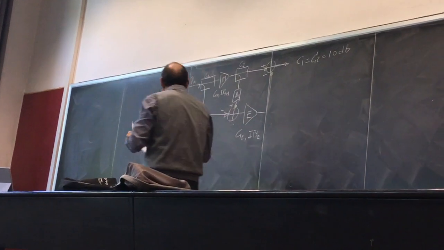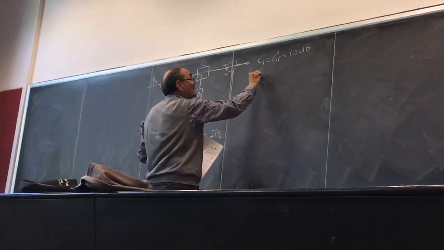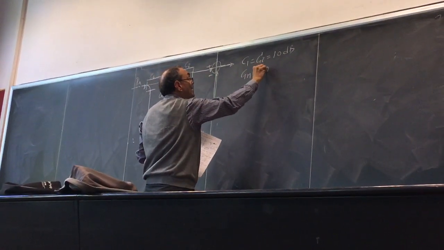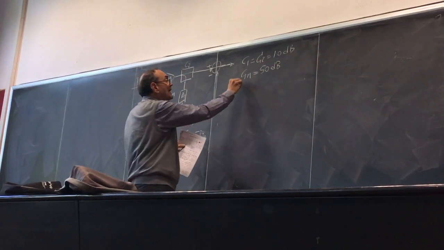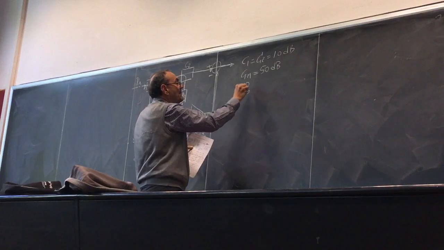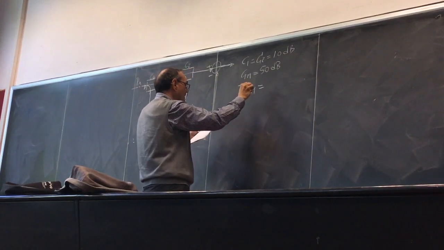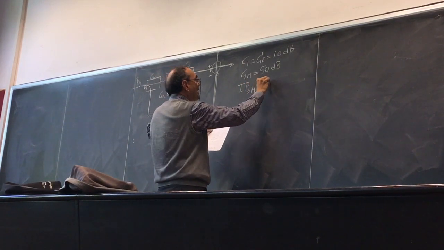Then we know that the gain of the main amplifier is 50 dB, and the IP3 of the main amplifier is 55 dBm.